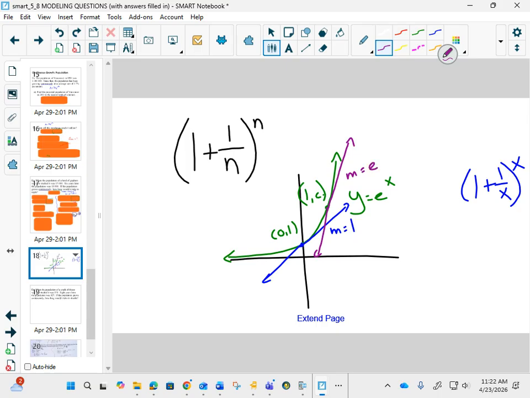In fact, it is the only graph that exists in mathematics where no matter which point you pick, so if I pick some point up here, (x, y), and I drew its tangent line, the slope of that tangent line is always going to be y. Always exactly what you started with.